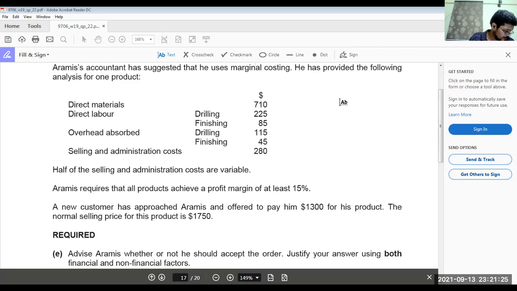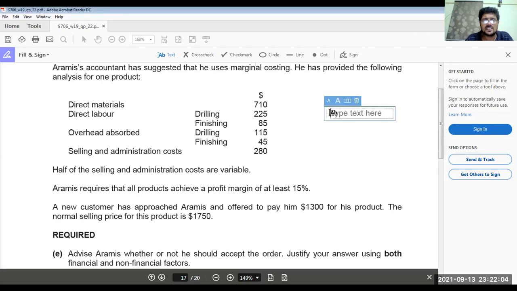So 140 is the contribution. Contribution is positive. Again, we cannot achieve the required profit margin of 15%. Getting my point here. And directly we are going to suffer a loss of $160. It might be possible that fixed overhead absorption rate might not be accurate. This is a problem.